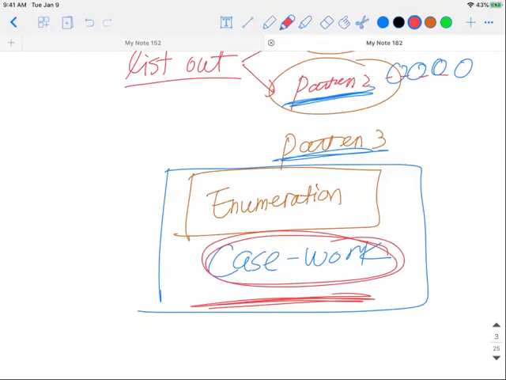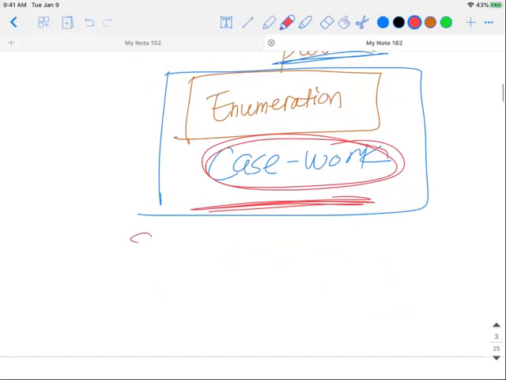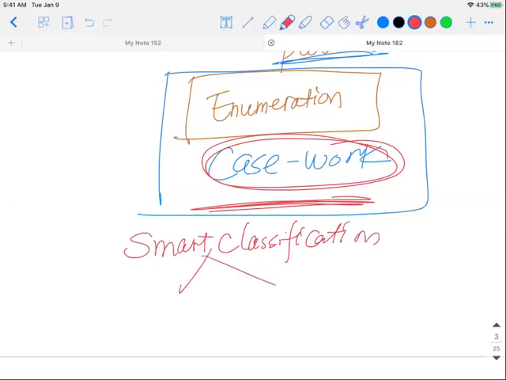There's any technologies or guidelines for you to do the casework. So I have already summarized into one word. That is a smart classification. Maybe 2 words, right? A smart classification. When you want to classify the very complicated things into different cases, the most important thing is you want to do a smart classification, a smart casework.